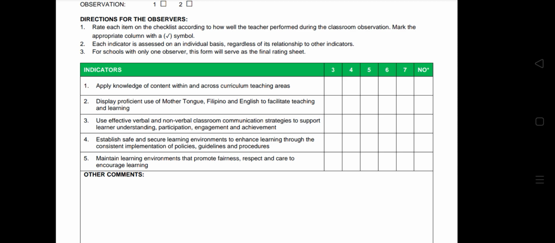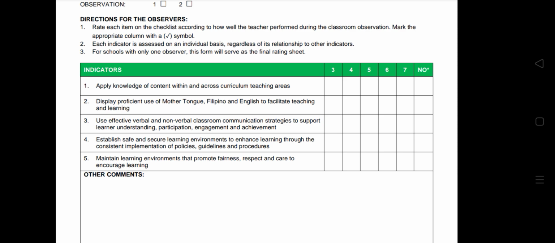But if you will display an accurate, in-depth knowledge of content and pedagogy, we will give you a rate of 7. Okay? Pedagogy means the method and practice of teaching. Pag sinabing accurate, meaning error-free.